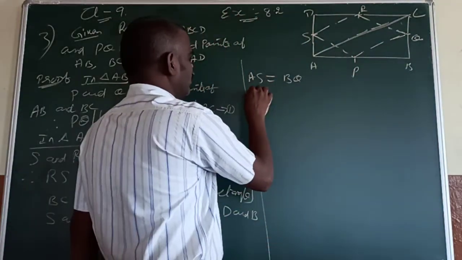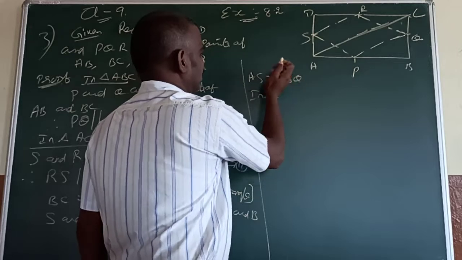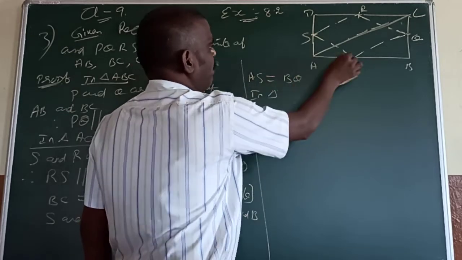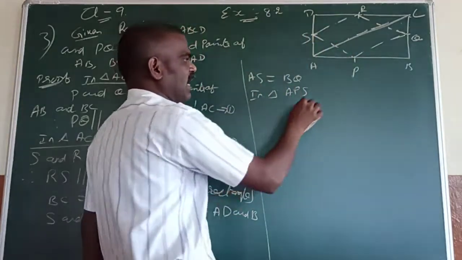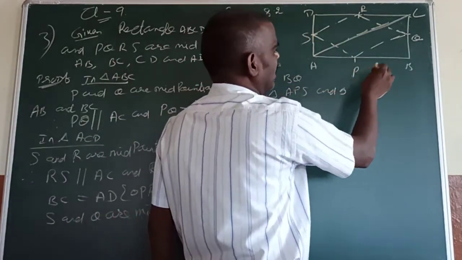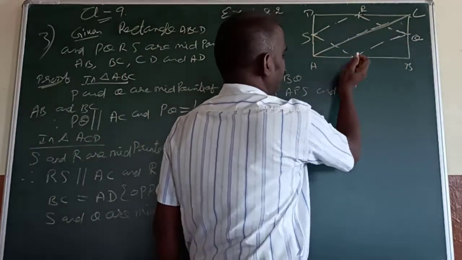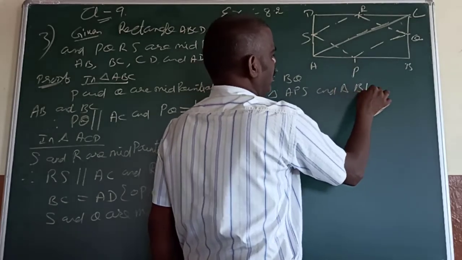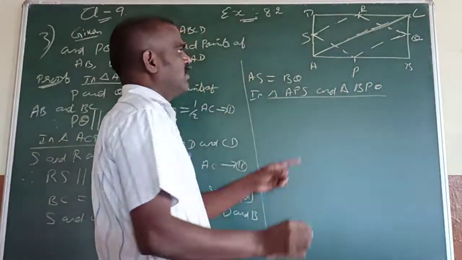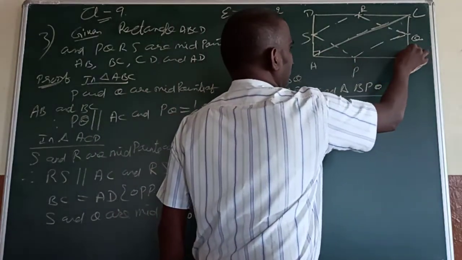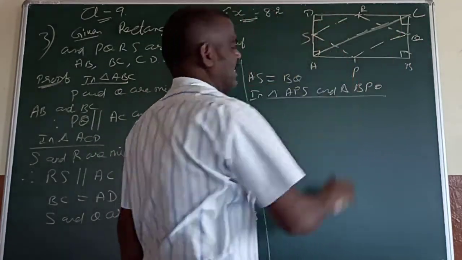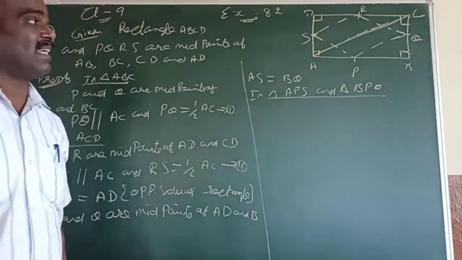Now comes triangle APS and triangle BPQ. These two triangles: angle A and angle B are 90 degrees.